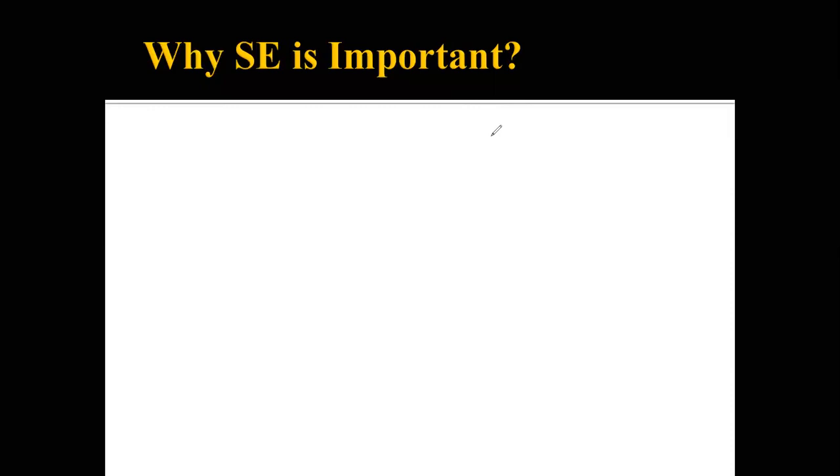Now the next thing is an important term that we'll be discussing. Whenever you're designing a software, there is the customer, or you can say a user, that is going to use the software. This person is not going to develop the software.